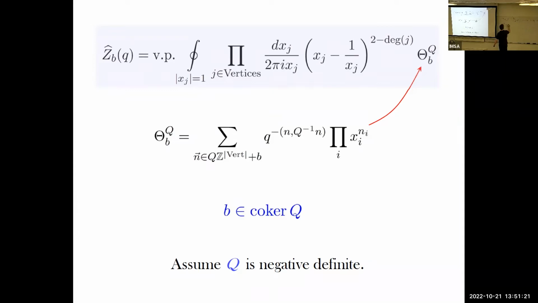Second theorem, which is something I already announced before, is that for any choice of this input data, it has integer coefficients. In other words, this object as a function of q belongs to Z of q, where I should probably also multiply by this.